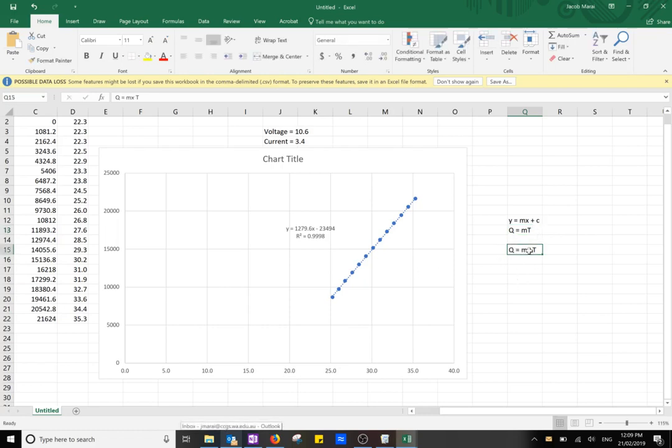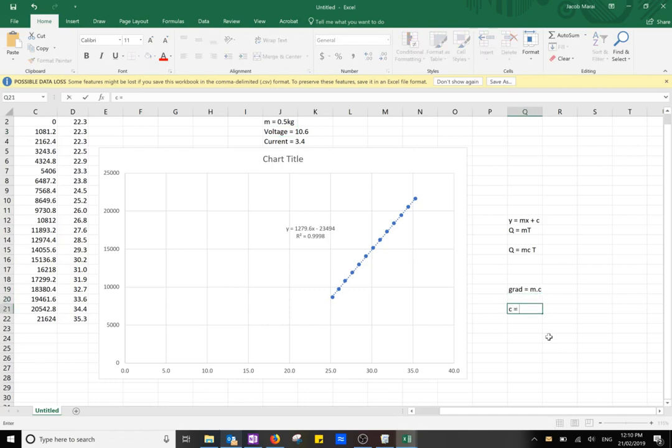Back to what I was saying. That should have said mc delta T. If I could highlight this gradient, and it's not letting me, the gradient of my graph is going to be mc. So now, if I also had mass equals 0.5 kg, from the gradient I can say that gradient equals mass times c.